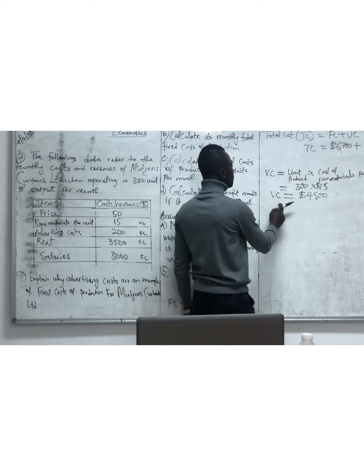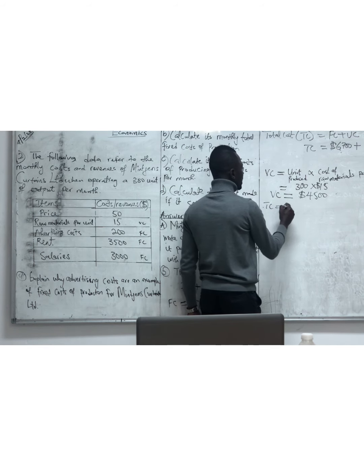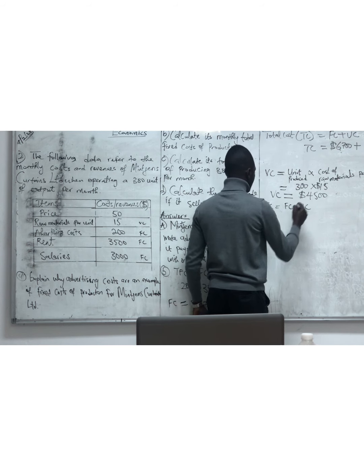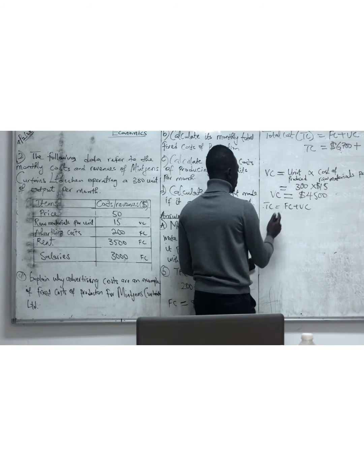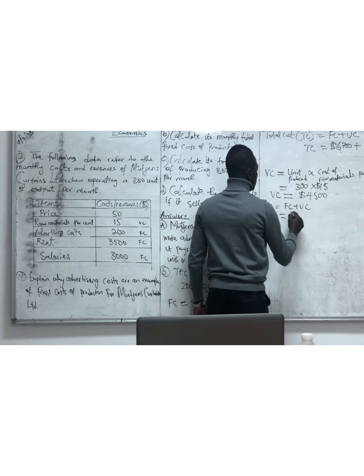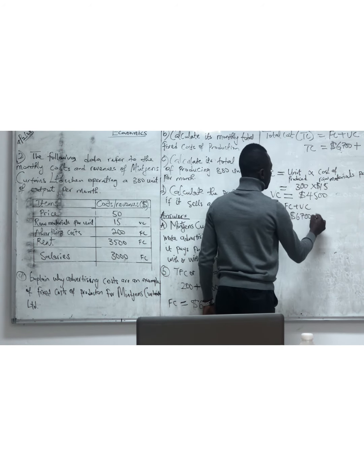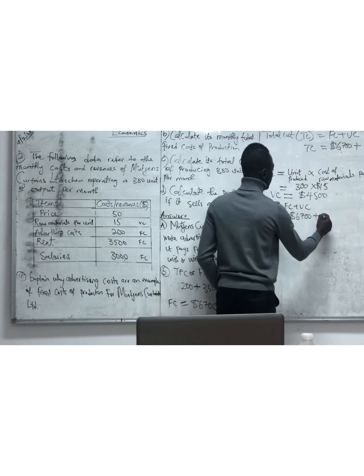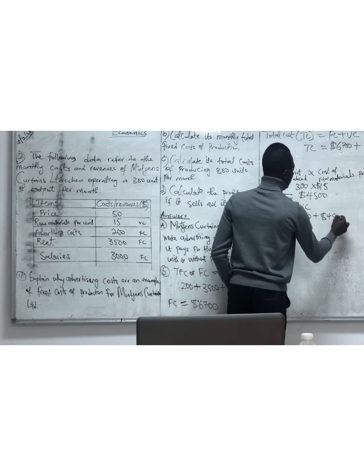So if this is your VC, then your TC, which is FC plus VC, equals FC 6,700 plus VC 4,500.